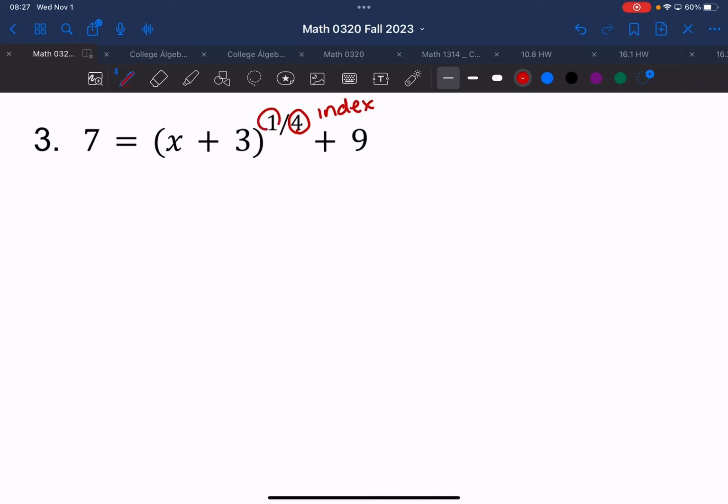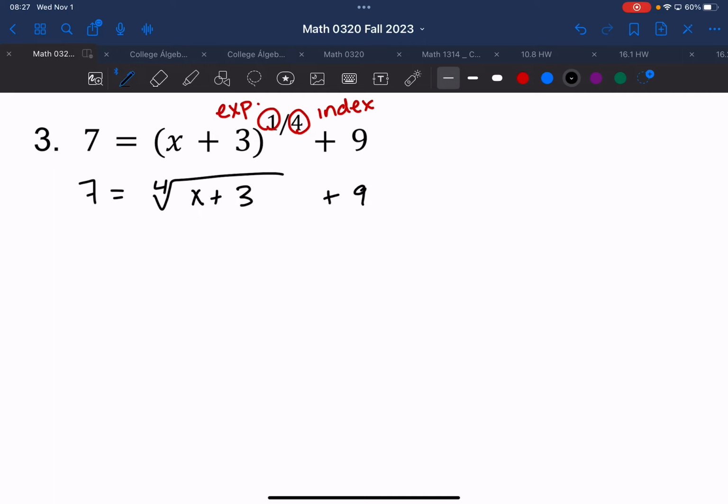And what is this 1? The exponent. So do we need to write an exponent since it's 1? No. So that means this can be rewritten as 7 equals the 4th root of x plus 3 plus 9.